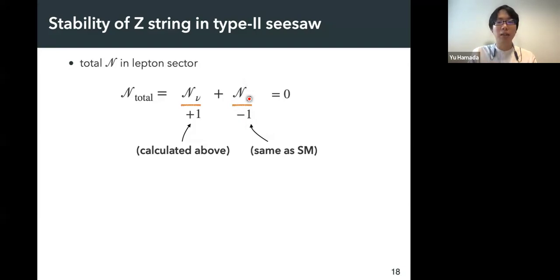So the topological invariant from the electron is -1, and this is completely the same as the argument in the standard model, because the electron doesn't couple to the Higgs spherical field. That means it only couples to the standard model Higgs and the Z boson, so this part is completely the same as the standard model. Anyway, in the end, we have +1 here and -1 here, and in total we have 0 for the topological invariant.